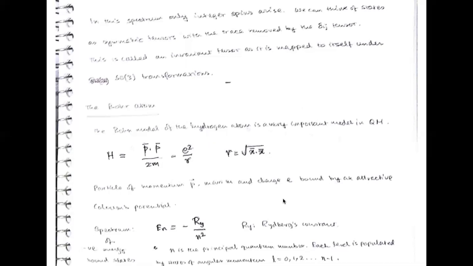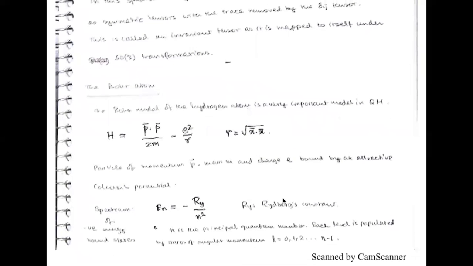As you remember, the levels are given by 1 over n squared, where n is the principal quantum number, which ranges from 1 on up. Each of these levels is populated by states of angular momentum L equal to 0, 1, 2, up to n minus 1.